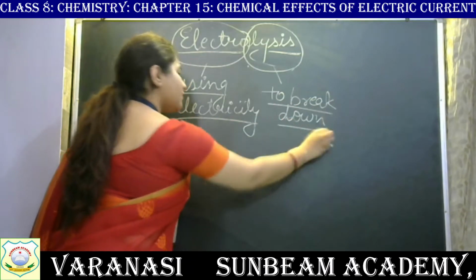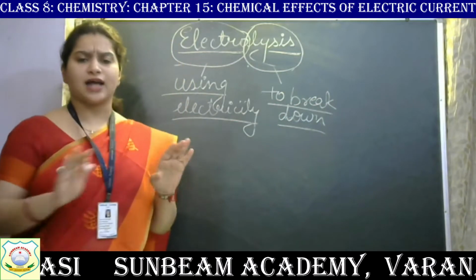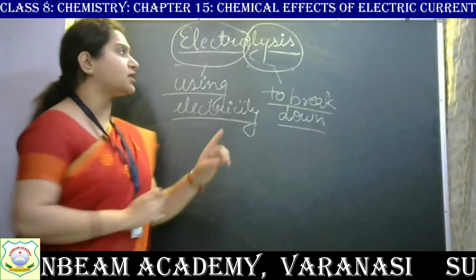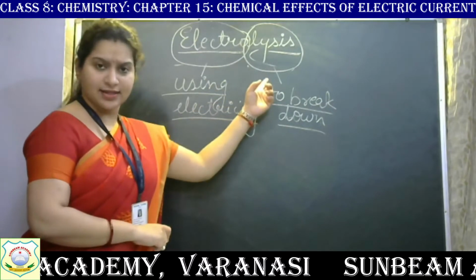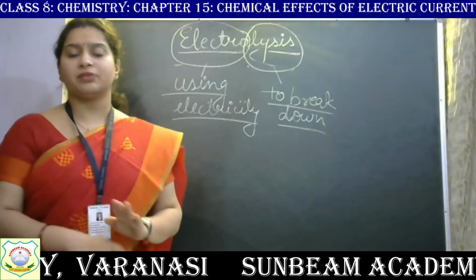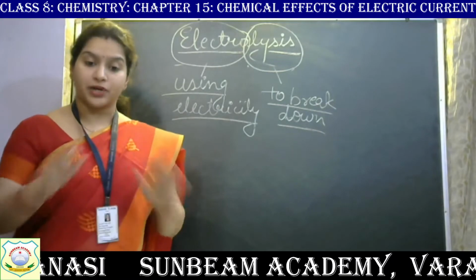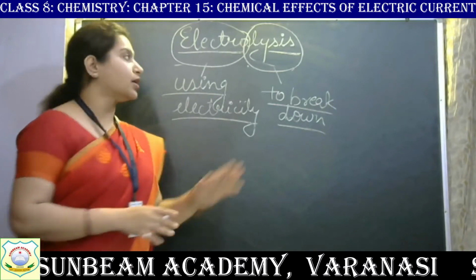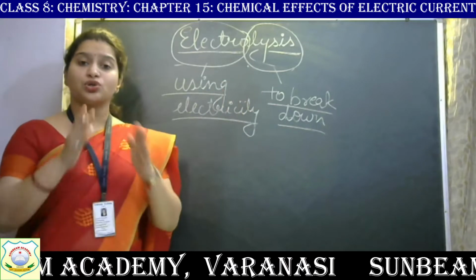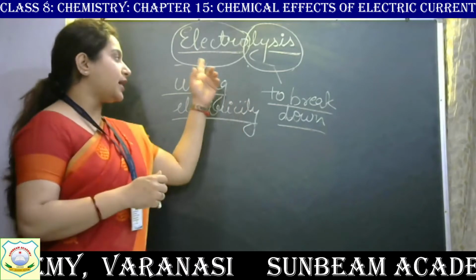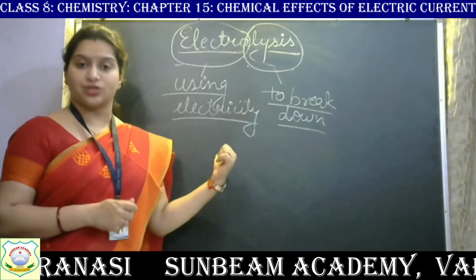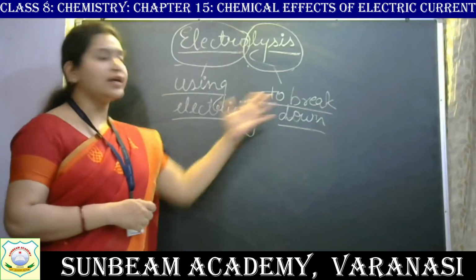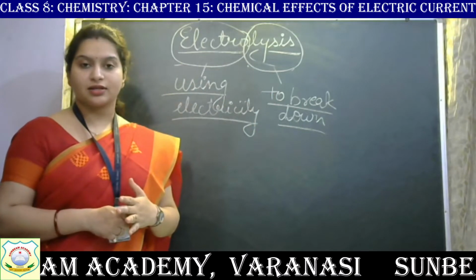Alright. Anywhere in science, wherever you see the term lysis, lysis always means to break down. Alright. So lysis means to break down. Electro means using electricity. So how can you define electrolysis?